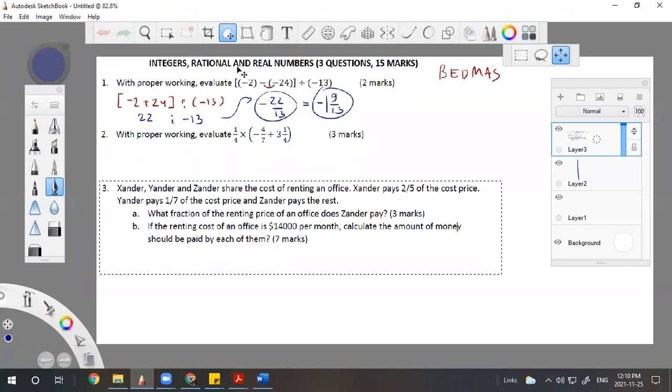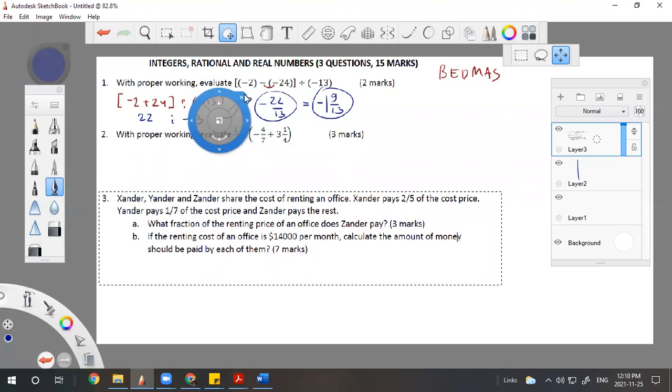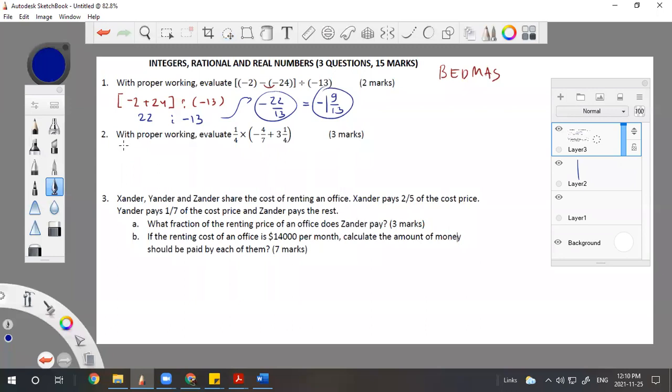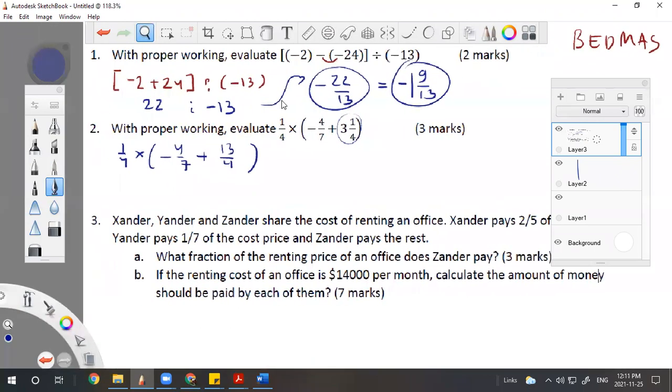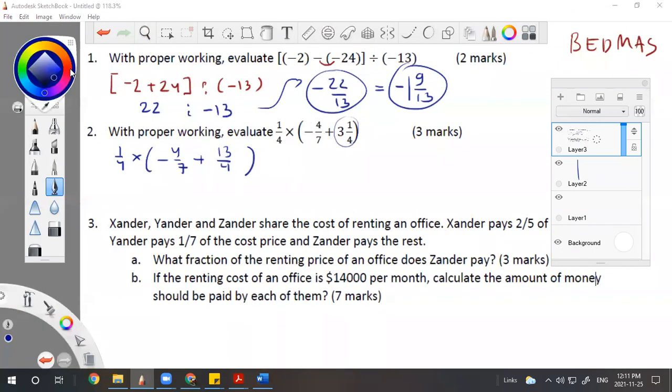Now, number 2, with the proper working, evaluate 1 over 4 times -4 over 7. I am so allergic with the mixed fraction. I have to change into improper fraction. Remember, 4 times 3, 12, 12 plus 1, 13. 13 over 4. Now another challenge is you have to make the denominator equal inside the bracket, right?